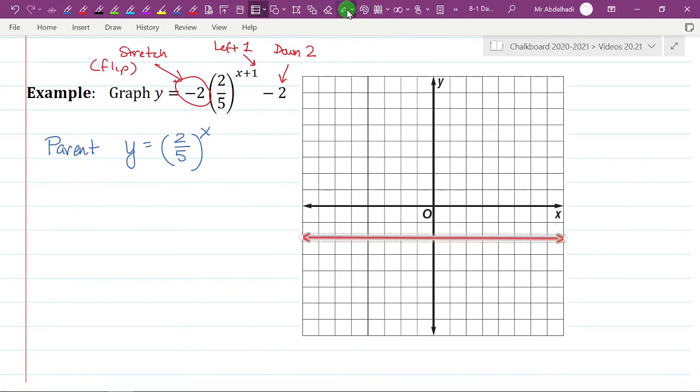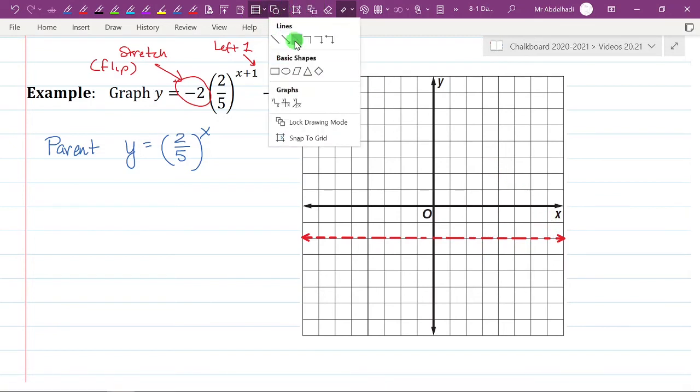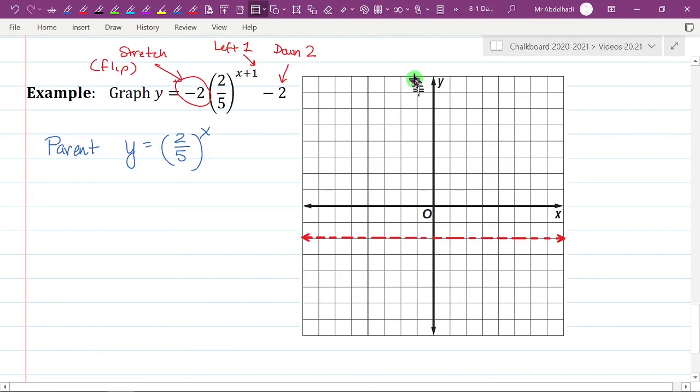And we'll make it a dotted line. Okay, and we'll make a new y-axis where left 1, so that's going to be here. All right, and there we go.